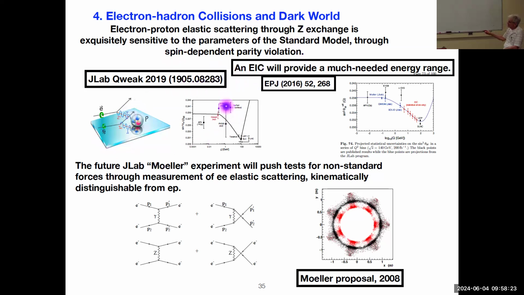So Jefferson Lab has already begun experiments. We measured this over some momentum scales, and the EIC will give us that extra energy range. You know, there are couplings there. This thing we like here about the Weinberg angle is basically some ratio of couplings and things like that.